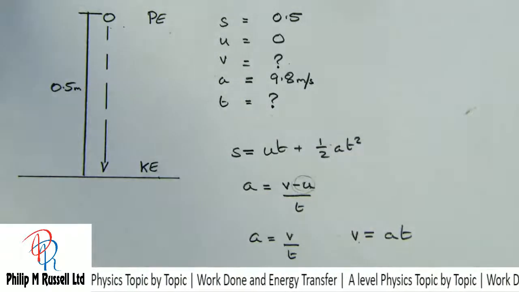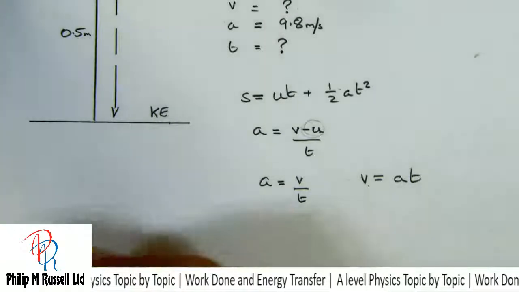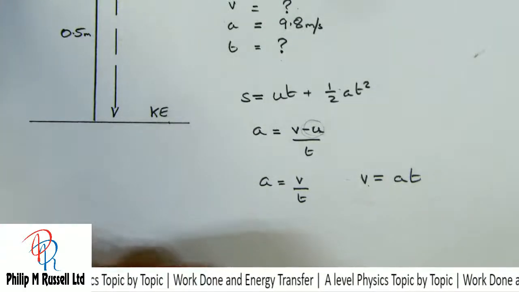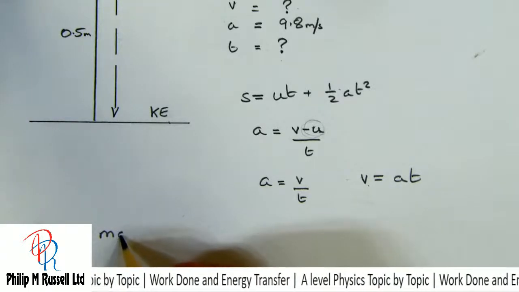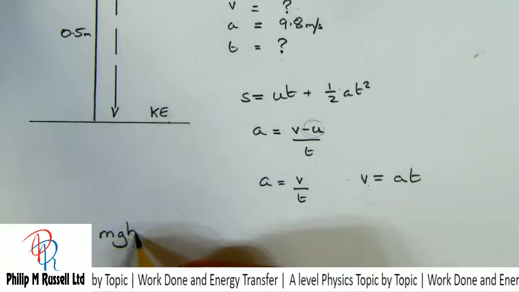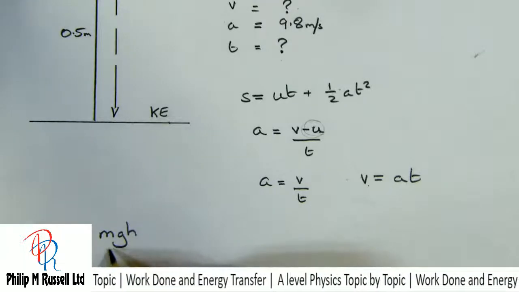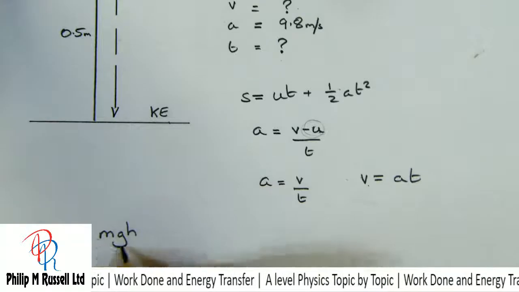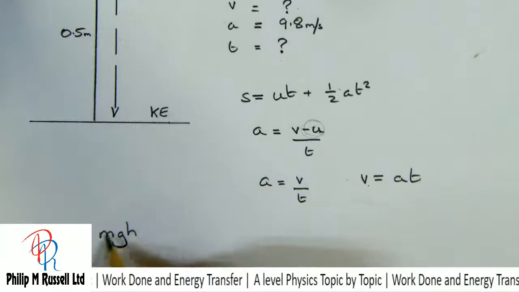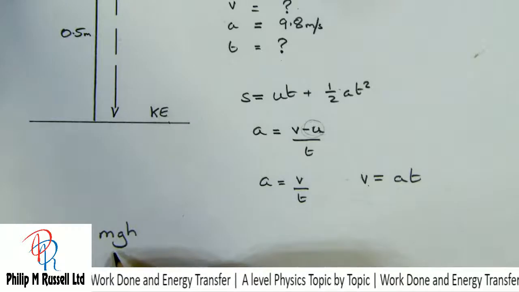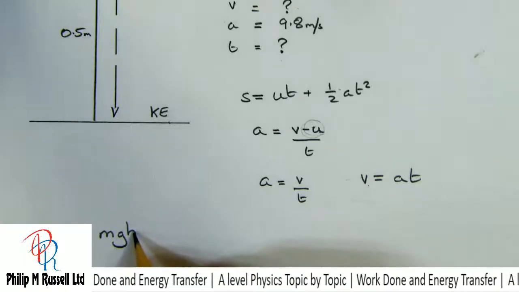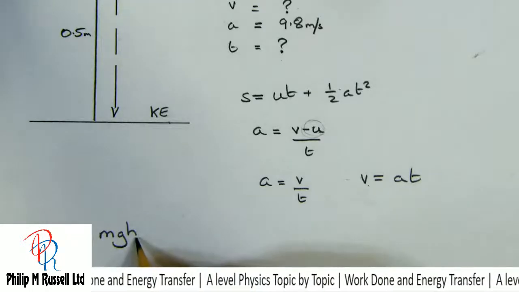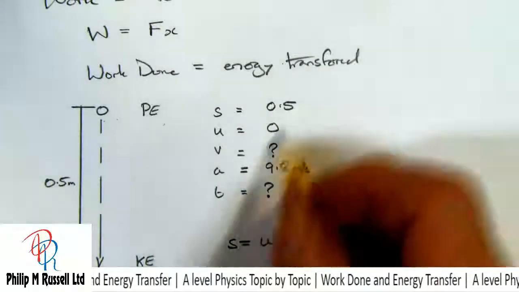So let's start with this experiment. My gravitational potential energy is going to be the mass times the gravity times the height. My mass and gravity here is the weight of my object, and the height we know as our distance, s, 0.5.